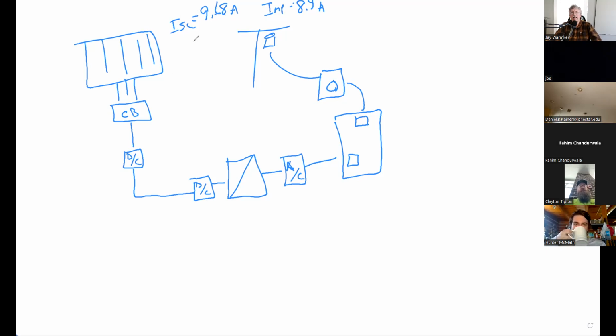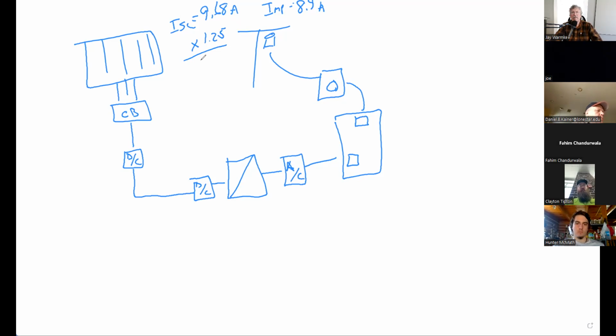So I take that number, and the NEC requires that when we're sizing wire, we always multiply it times 1.25. So I'll let somebody with a calculator, since I don't have that many hands, what is 9.68 times 1.25?